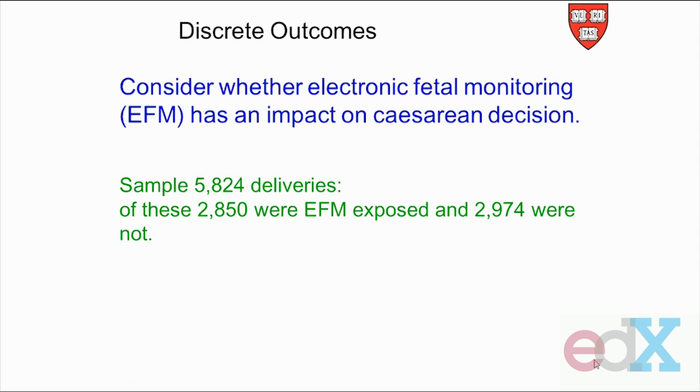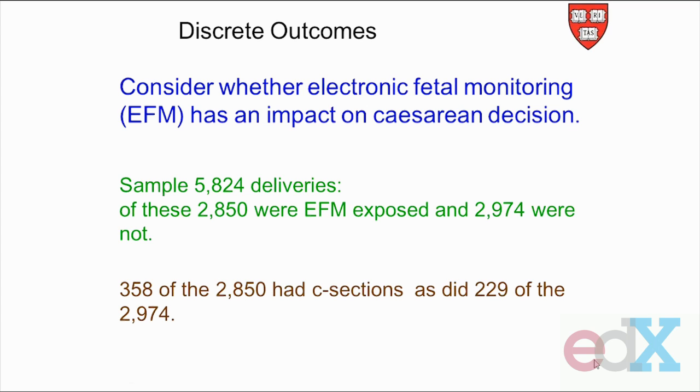Of these, roughly half, 2,850, the women were subjected to EFM, and the other half, roughly 2,974, were not. Now let's see what happened to these 5,824 deliveries as far as C-sections were concerned.